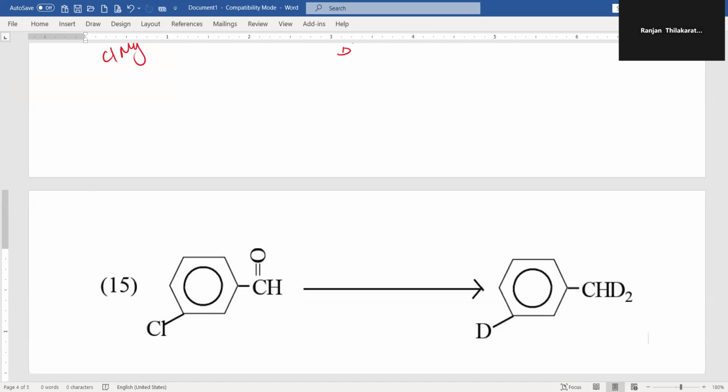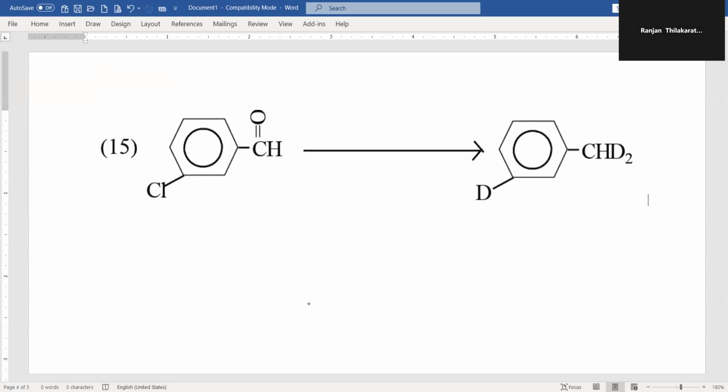If you do it, the CHO group will react with that Grignard reagent once you prepare it. Therefore, what we do is, first you have to remove this group. How can you do it? You can just try it this way, with Hg and conc DCl. Then you will get this product.